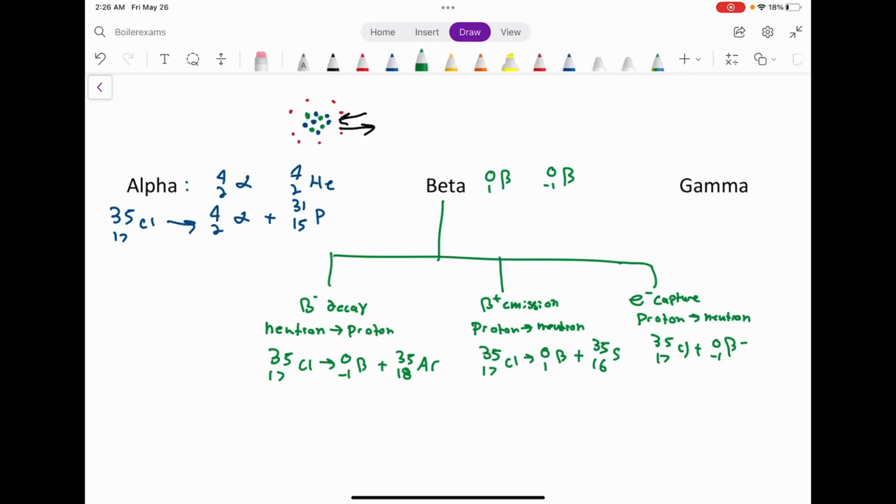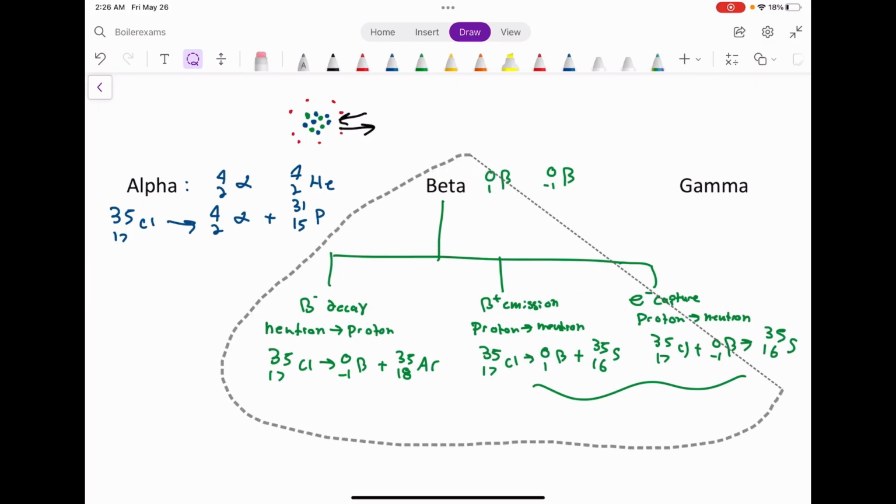Oops. And if we balance this, it's 16 and 35. Now notice the product for these two are the same. So a positron emission and an electron capture into the nucleus actually function the same. And we'll see that here in a second.